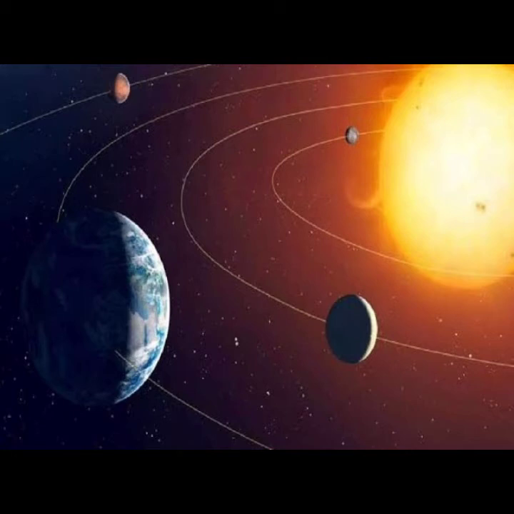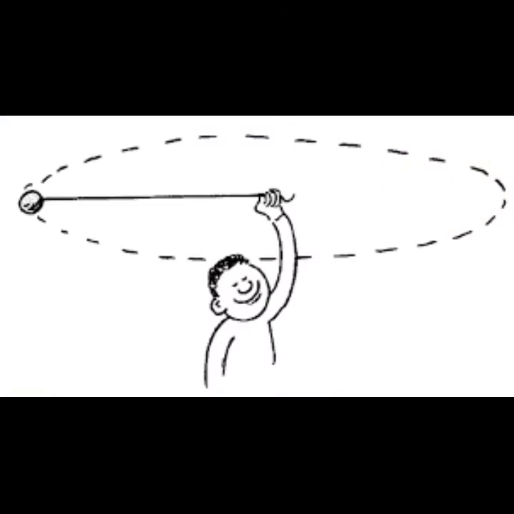Or the movement of the moon around the earth is also an example of circular motion. Or the movement of a fan, the hands of a wristwatch, or a merry-go-round. There are so many examples that follow circular motion. Simply, when an object moves along a circular path, we can say it is in circular motion.